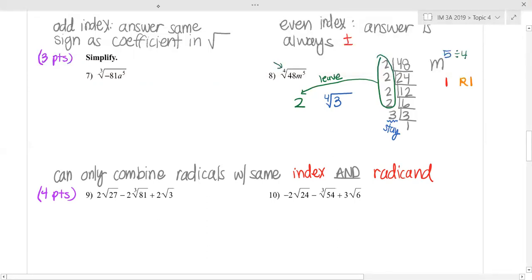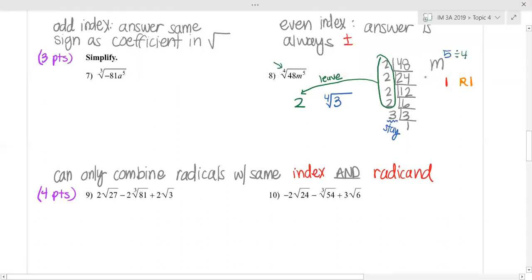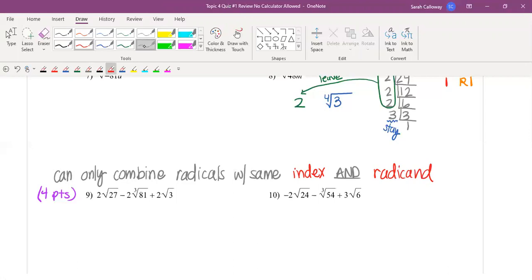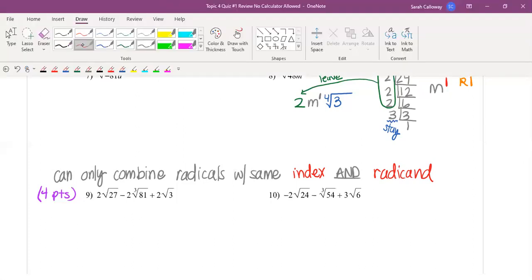So what happens there is that my exponents on the m are those two values. It went in once, so that means that I can take m to the first power out. Sorry, I should color code that. It's going to take m to the first power out.